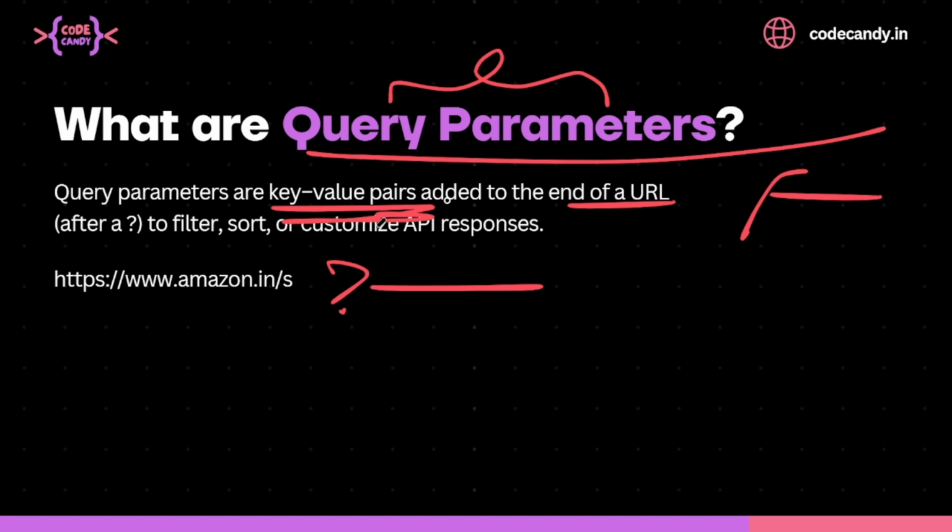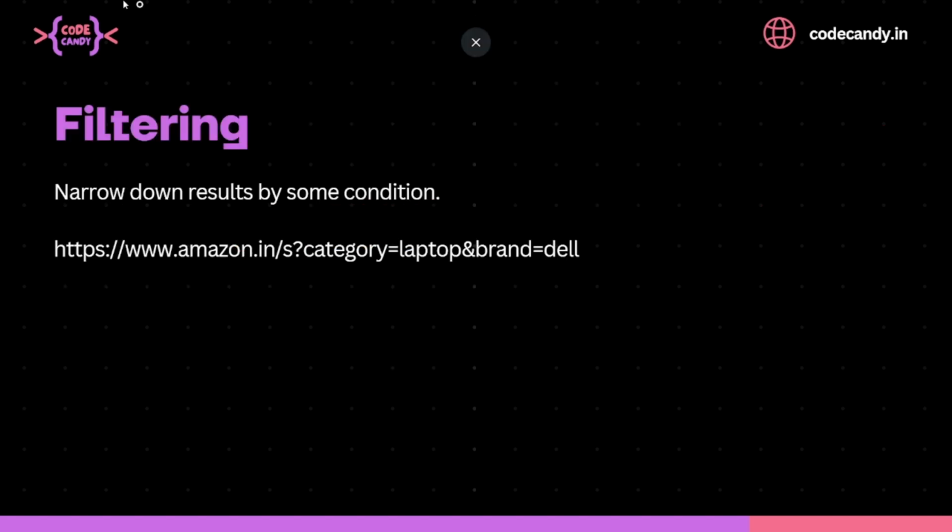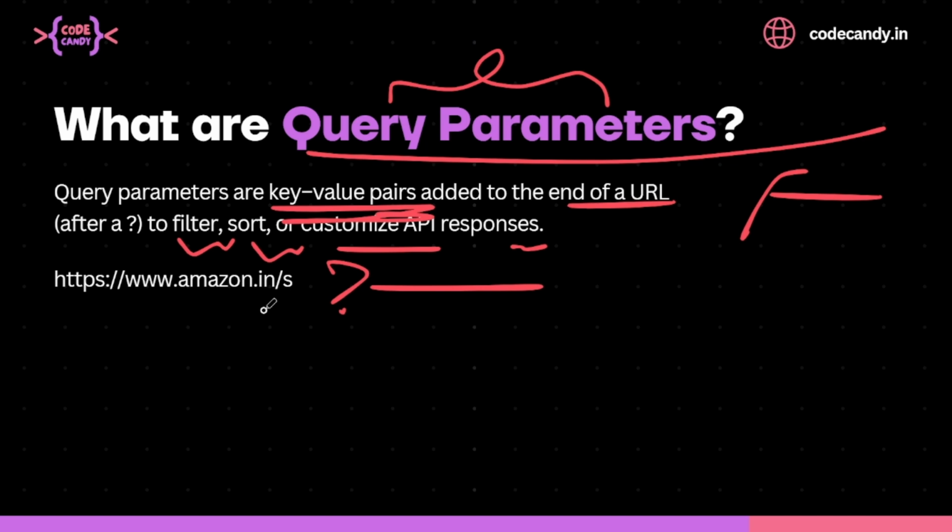These query parameters are used to filter the data, sort the data, search the data, paginate the data, whatever you are seeing in the files. See, suppose this is the Amazon basic search page.